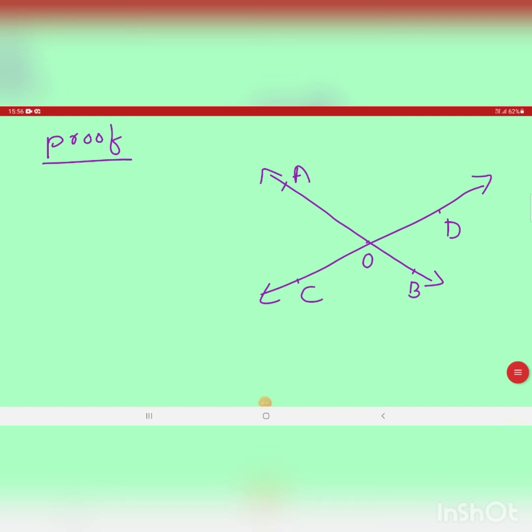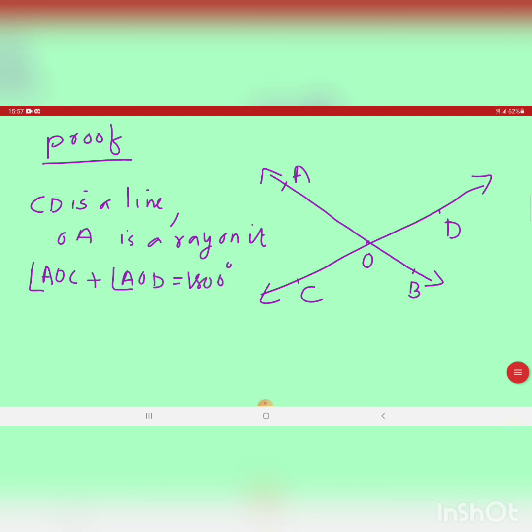So let us consider the figure. AB and CD are two lines intersecting at O. Now we know CD is a line and OA is a ray on it. Then what we can say? Angle AOC plus angle AOD is equal to 180 degree. Equation 1.